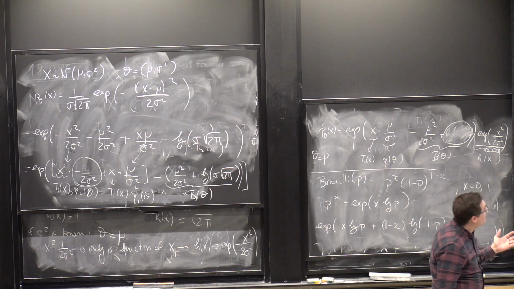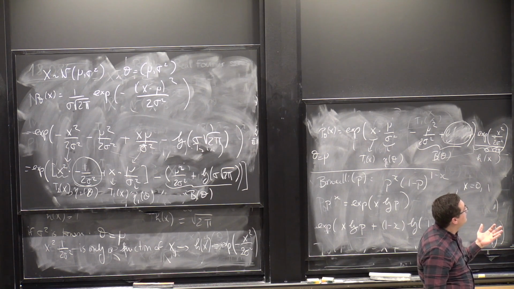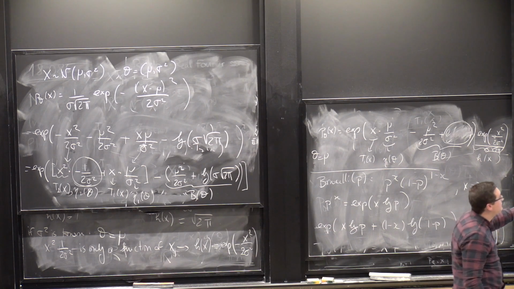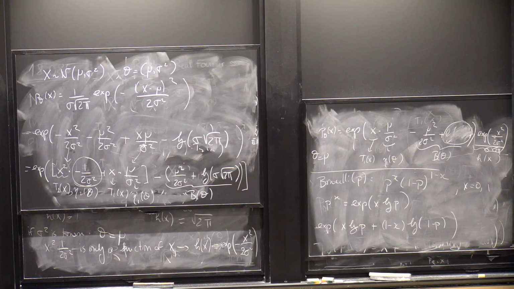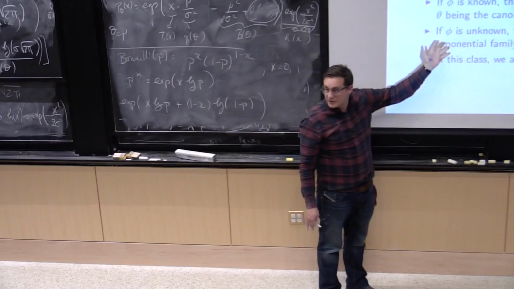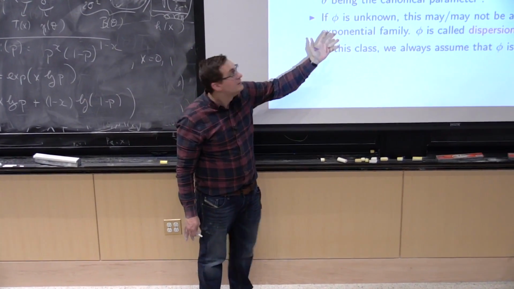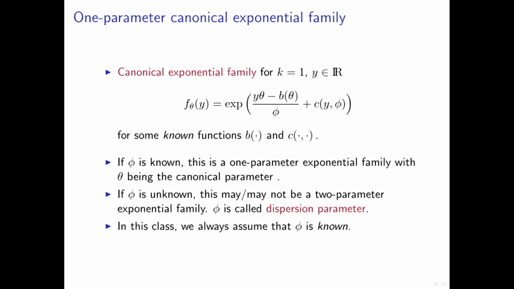So throughout this class, phi may be known or not. When it's not known, this might turn into some exponential family, or it might not. The main reason is that b of theta over phi is not necessarily a function of theta over phi.